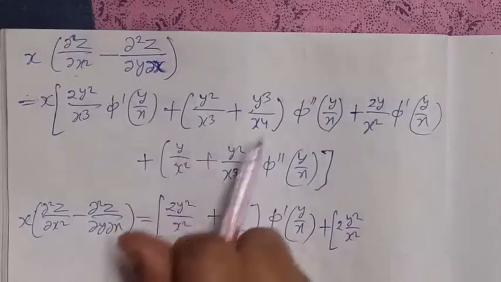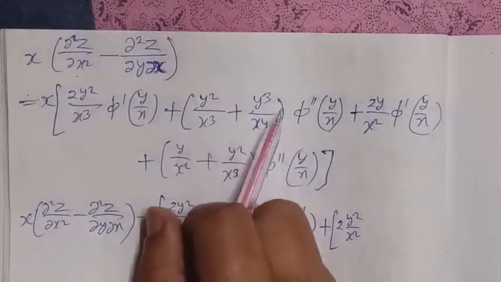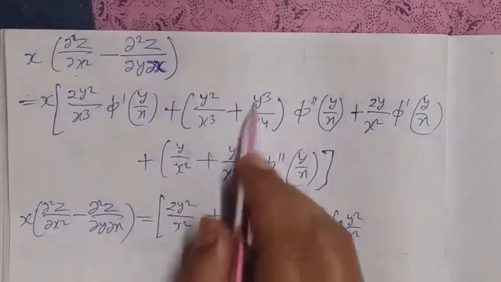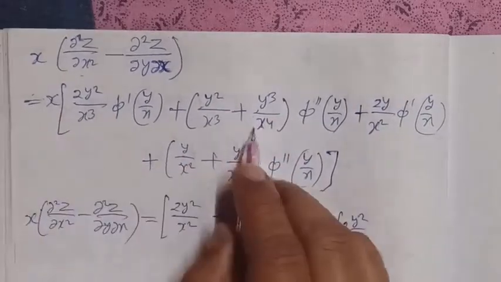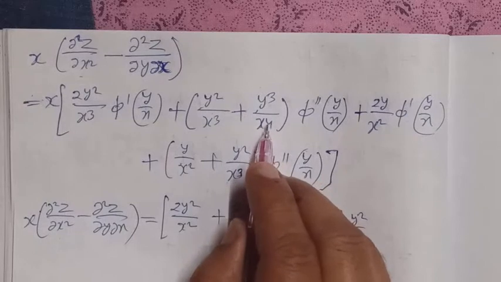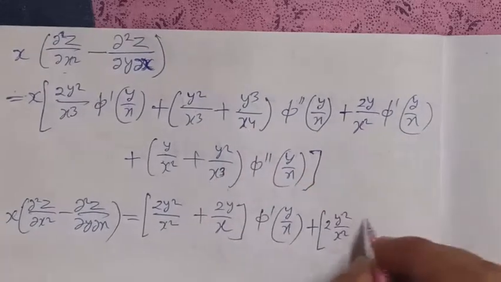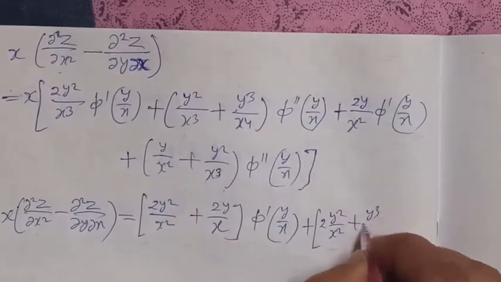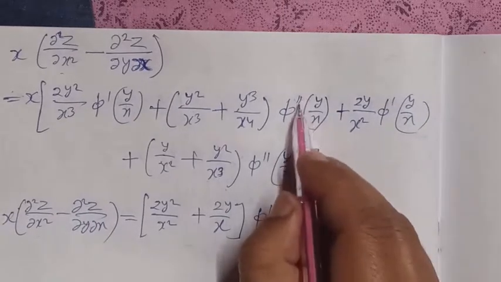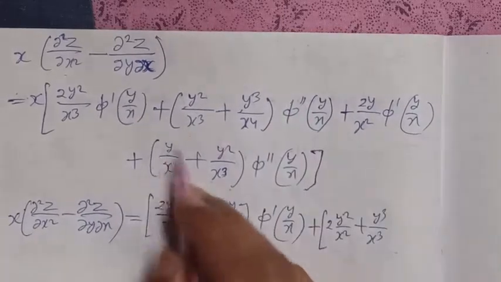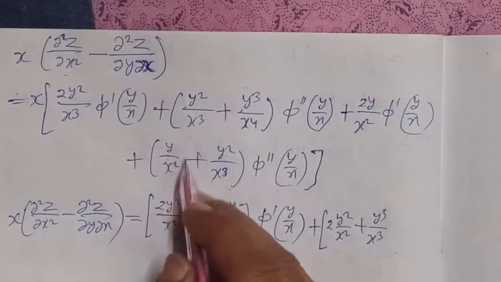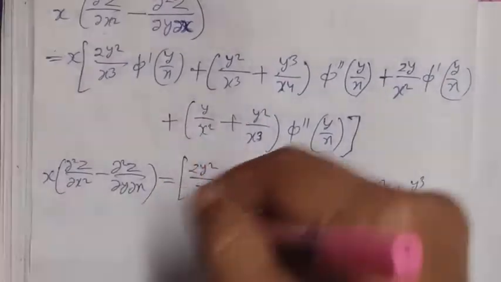Now we have to write these two terms. So I write this term: on multiplying x, x cancels out, so the power of x here is 3, and we get y cube upon x cube, which is the coefficient of φ double dash. Also this term we have left to write here.